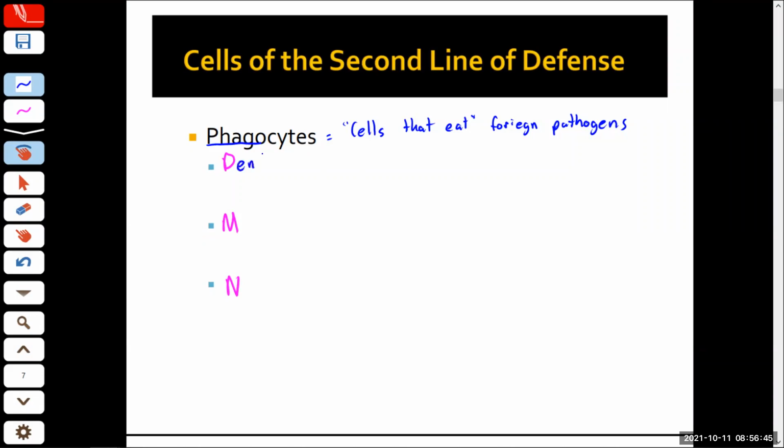So D is going to be dendritic. M is macrophage. N is going to be neutrophil. So your dendritic cells, these are almost like a Venus flytrap.